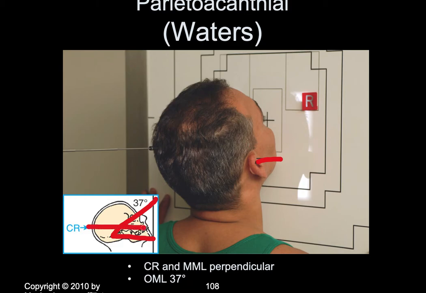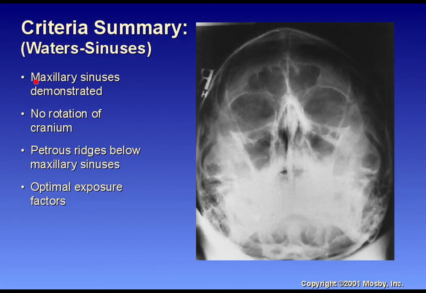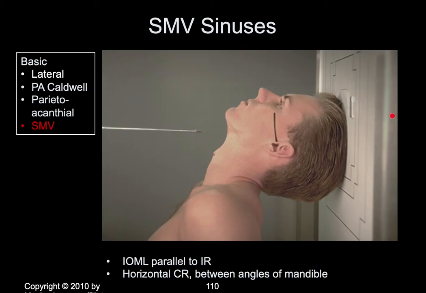So the central ray comes through and exits at the nasion. Maxillary sinuses are demonstrated. No rotation of the cranium. Petrous ridges below the maxillary sinuses, right down here. That's when you know you have a really good Waters. A Waters is a Waters is a Waters.